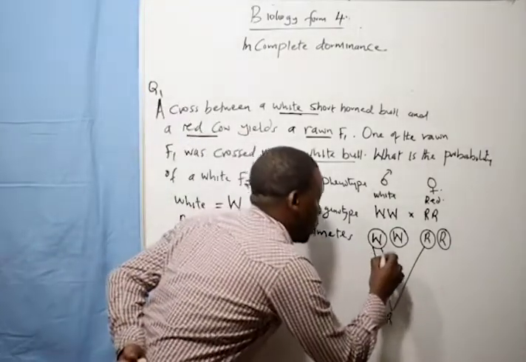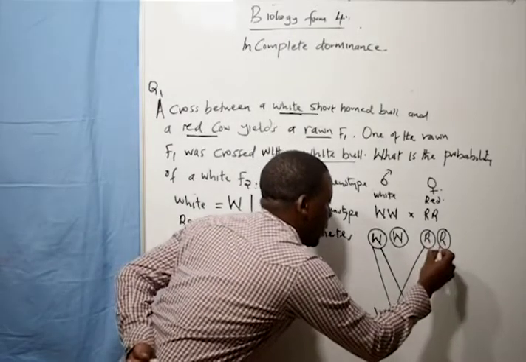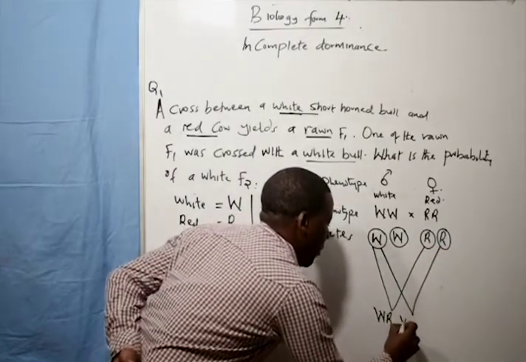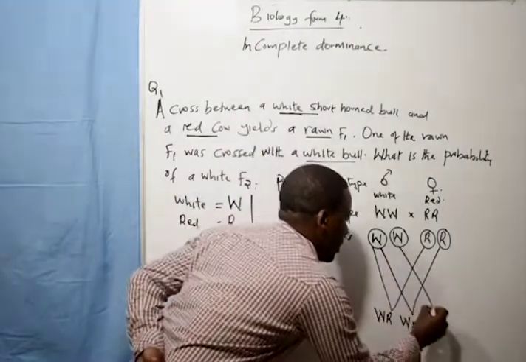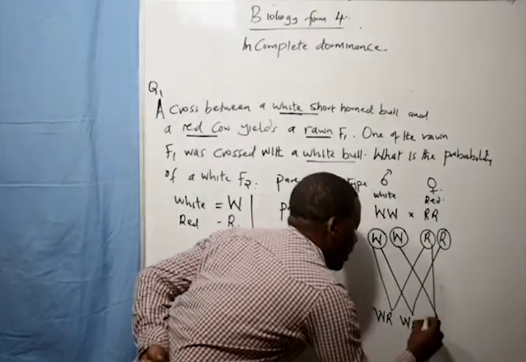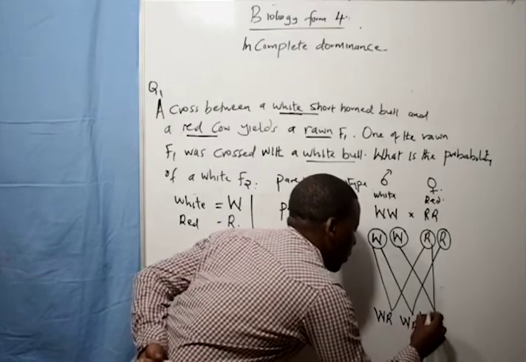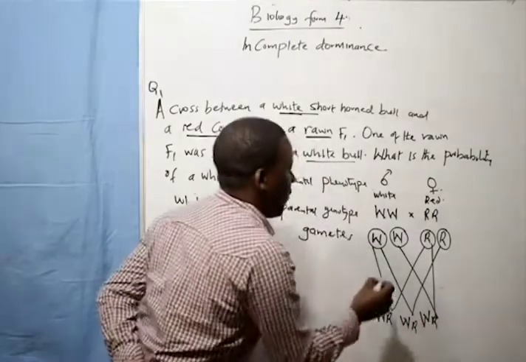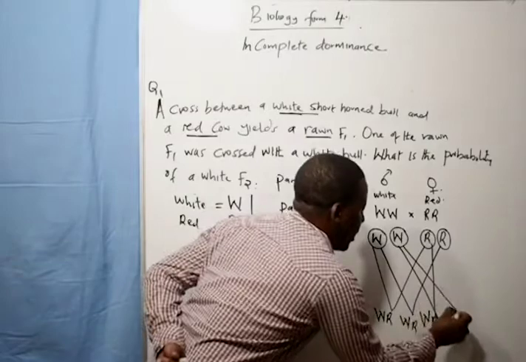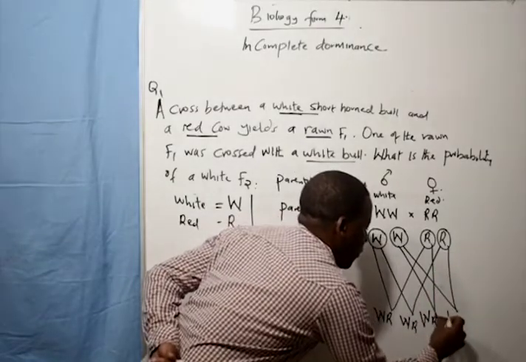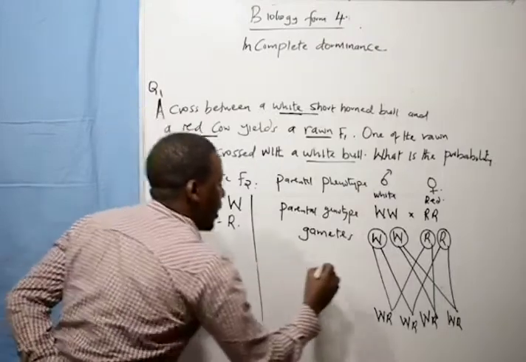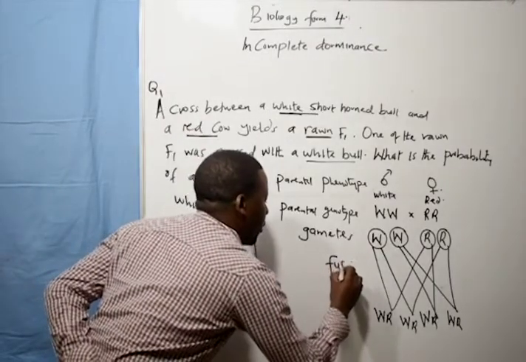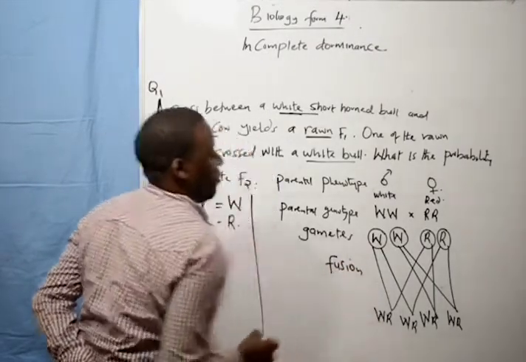This gamete also can fuse with that gamete to form WR. This gamete can fuse with that gamete to form WR. Finally, this gamete can fuse with that gamete to form WR. Because you're fusing, you have to write the word fusion there.